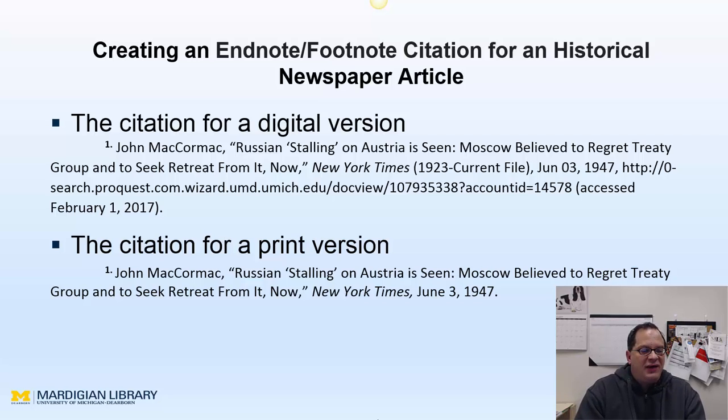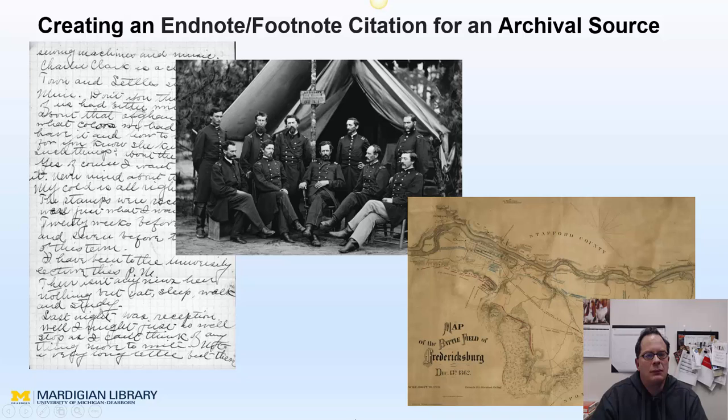Now, for a citation for a print newspaper article, basically you have everything except what's after 1947 in the digital version. And then again, you don't have the 1923 to current file. So they're very similar. All right, so this is creating an endnote or footnote citation for an historical newspaper article.